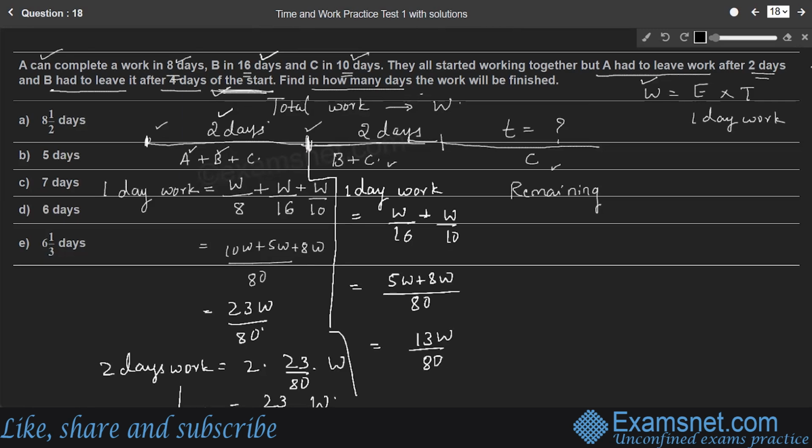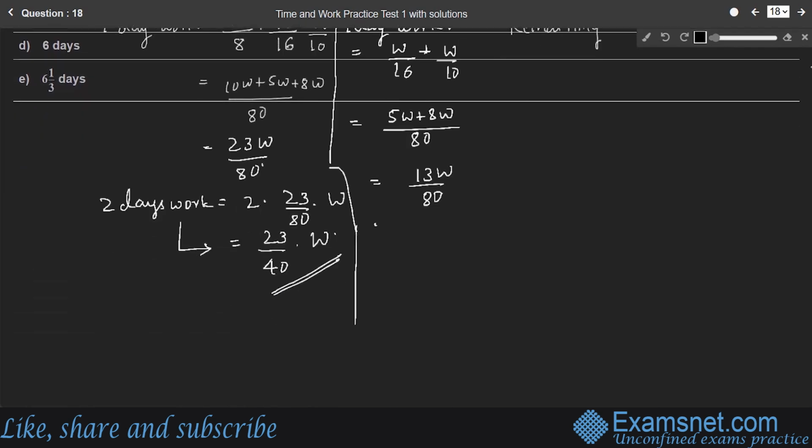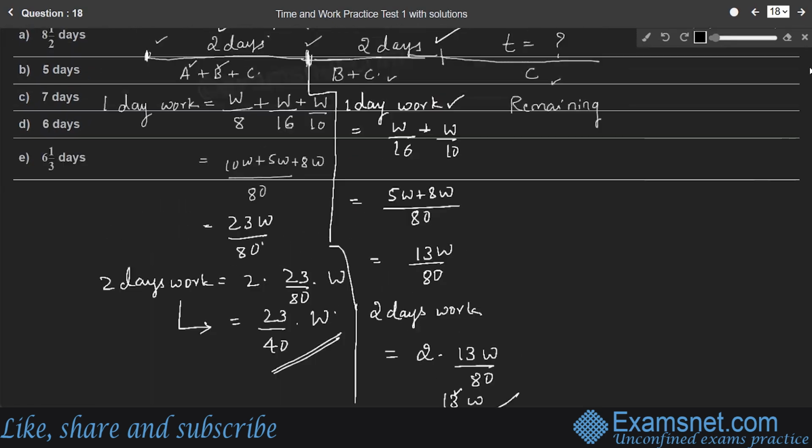That means 13 by 80th part of the total work can be done by B and C in 1 day. But they work for 2 days, so B and C's 2 days work becomes 2 times their 1 day work. Therefore it becomes 13W by 40. So 13 by 40th part of the total work can be done by B and C in 2 days.